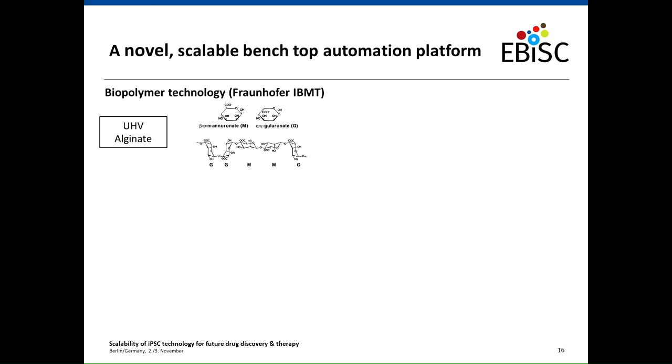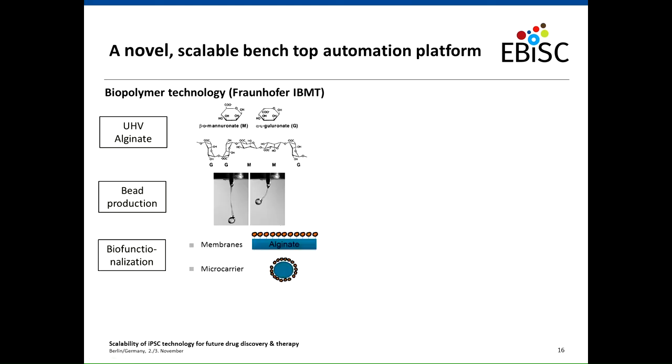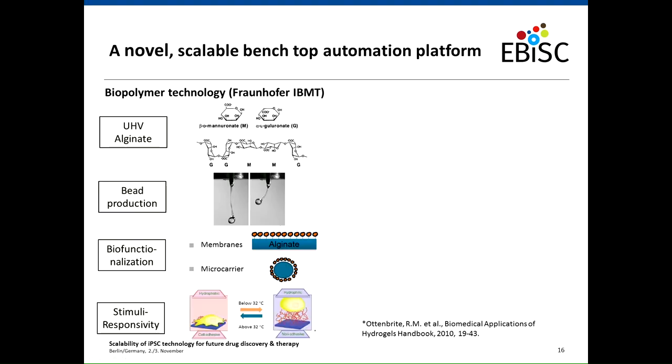It's fully characterized from the harvest of the algae until the production of the final alginate. From this alginate, we produce beads or microcarriers. Then they are biofunctionalized. Of course, we can also use the alginate as a membrane, but here we use it as a microcarrier. And currently, we are also working on making these alginate microcarriers stimuli-responsive.